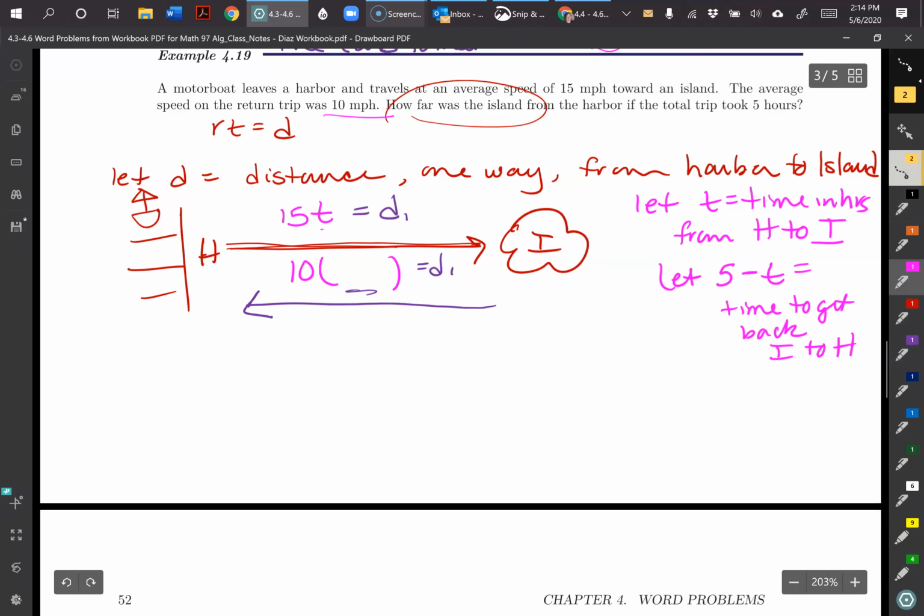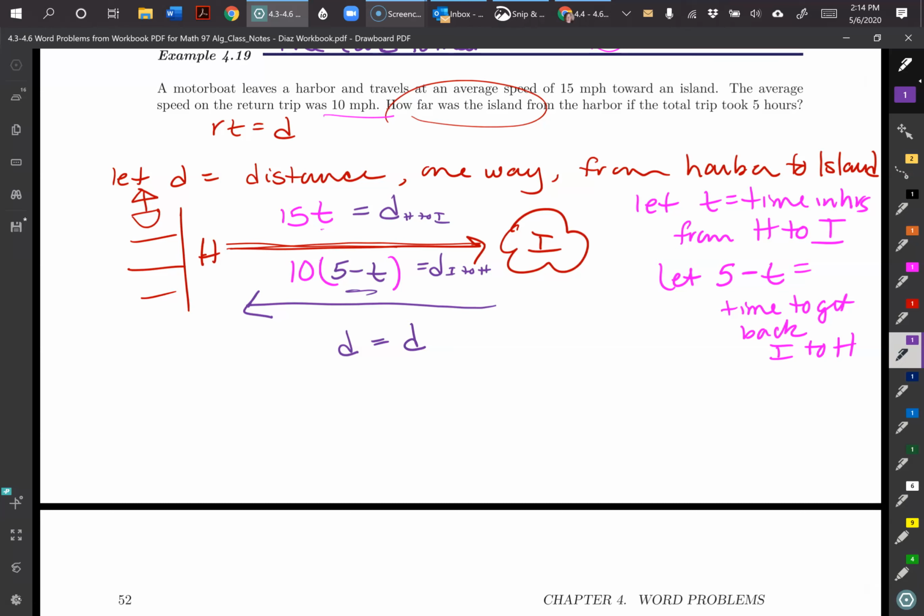Okay, so that's our return trip is this info here. So we can substitute that in. We can write 5 minus t, and that'll give us our distance. It's the same, right? So distance from harbor to island equals the distance from island to harbor. It's the same distance. So those are going to be equal to each other. Okay, harbor to island, island to harbor. So we established that those are equal.